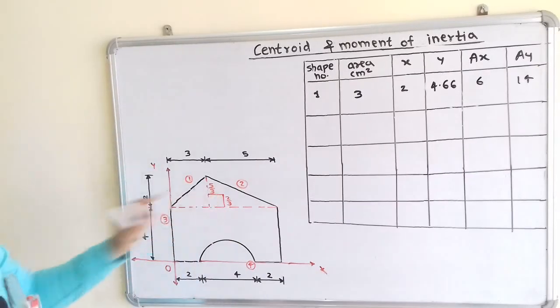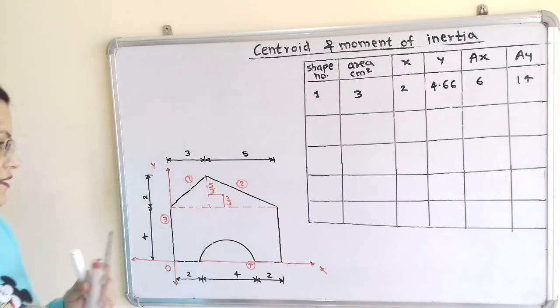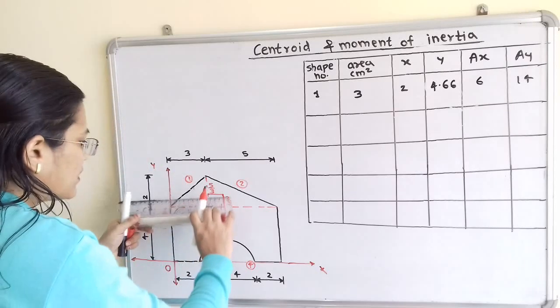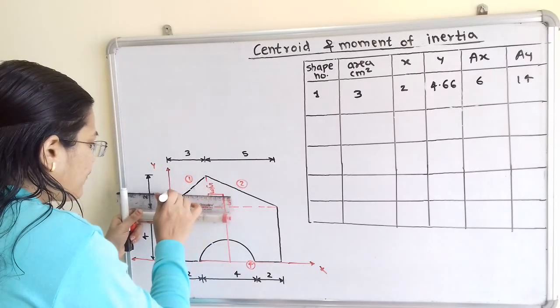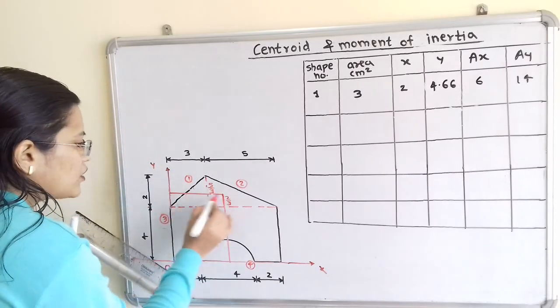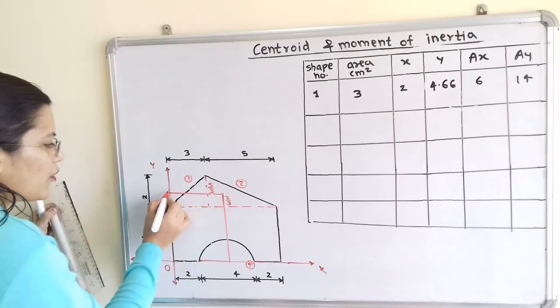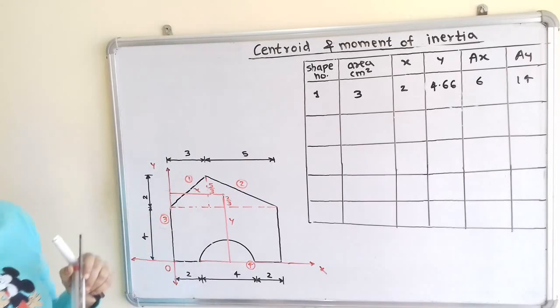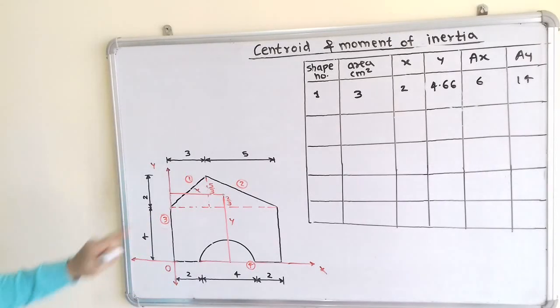Now we have to drop two perpendicular lines. One is on the x-axis, so I will drop this perpendicular here, and the second is on the y-axis. This horizontal distance from the center point is equal to x and this vertical distance is equal to y. So how do we find the value of x?